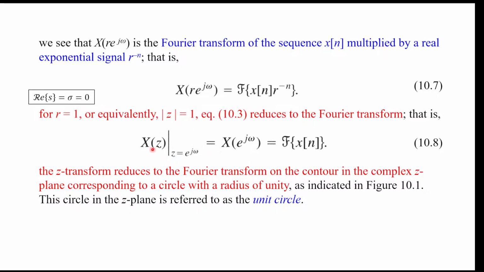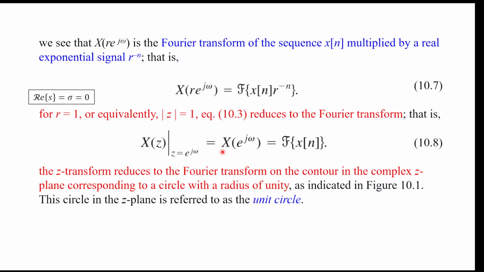So we see that if we restrict the z transform X of z to z equal to e to the j omega, then it is exactly big X of e to the j omega, which is the Fourier transform of x of n. This also tells us why we have this funny notation for the Fourier transform of a discrete time signal.